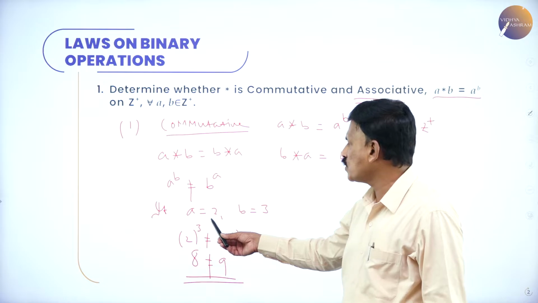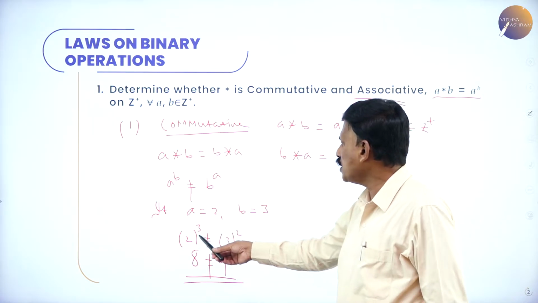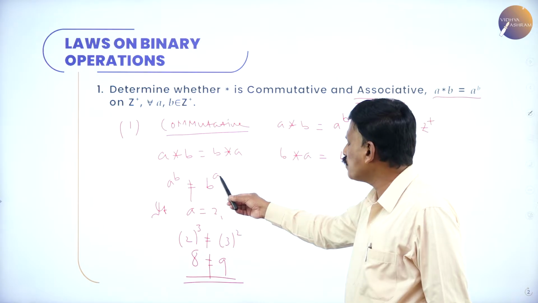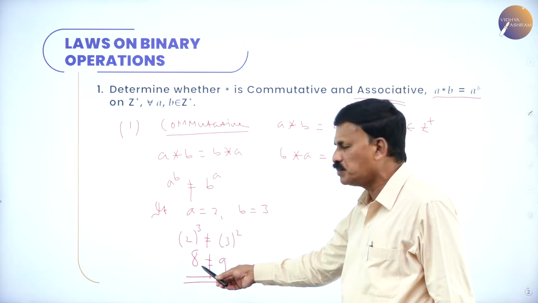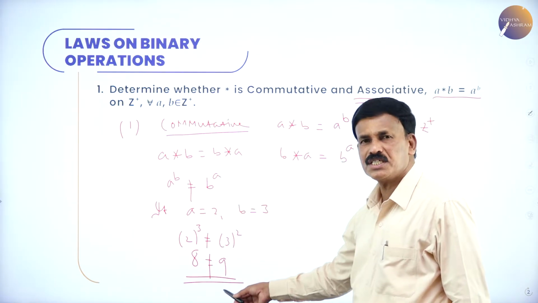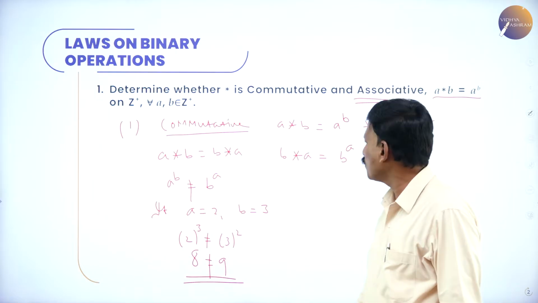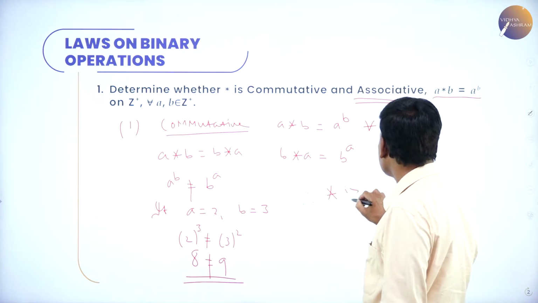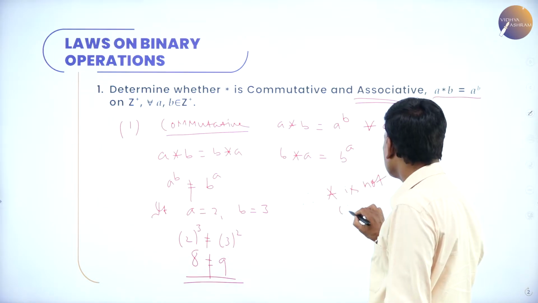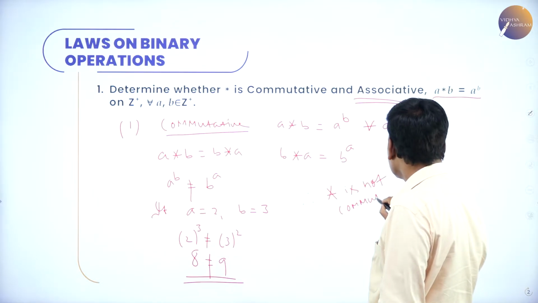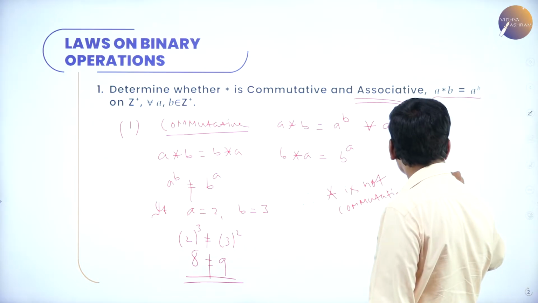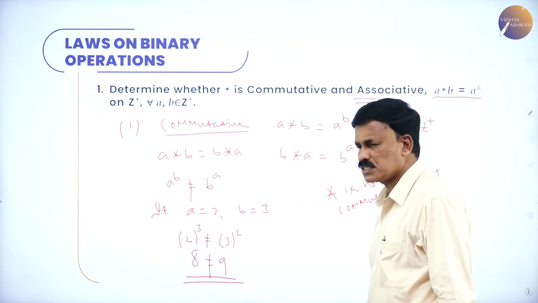If A is equal to 2 and B is equal to 3, A to the power of B means 2 cube, which is 8, and B to the power of A means 3 square, which is 9. 8 is not equal to 9. Therefore star is not commutative on Z plus, the set of positive integers.